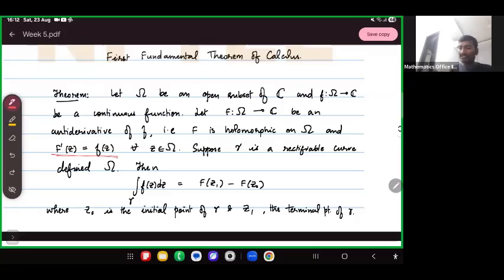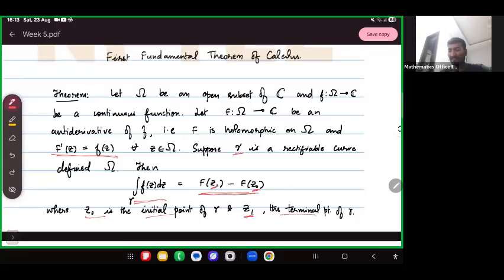This is definition of antiderivative. When small f has antiderivative, then this integral depends on the curve gamma this way: capital F of z1 minus capital F of z0, where z0 is initial point and z1 is terminal point.